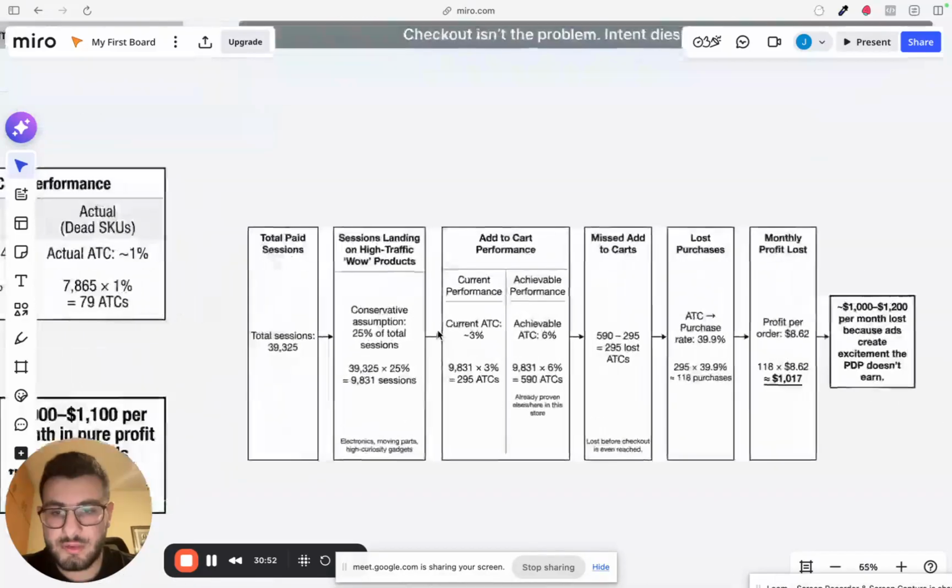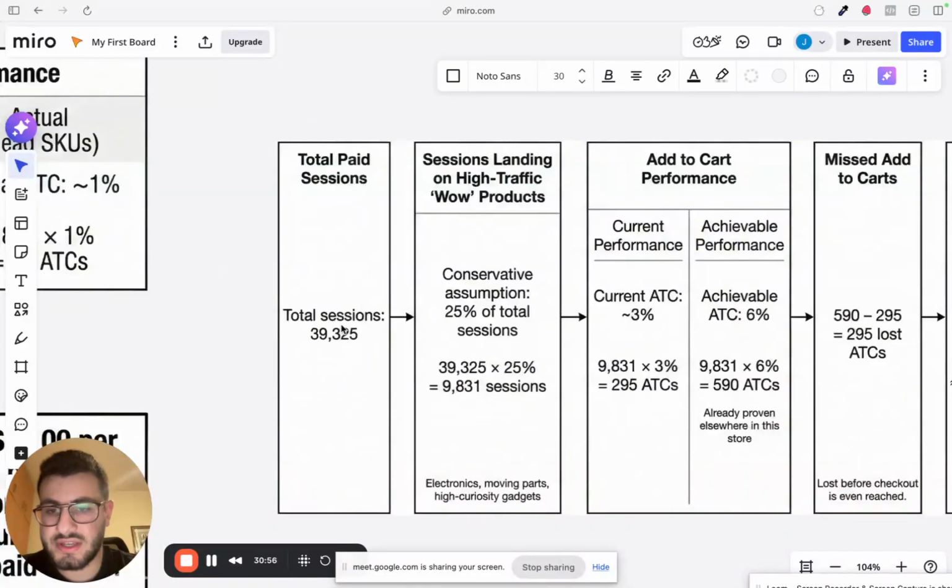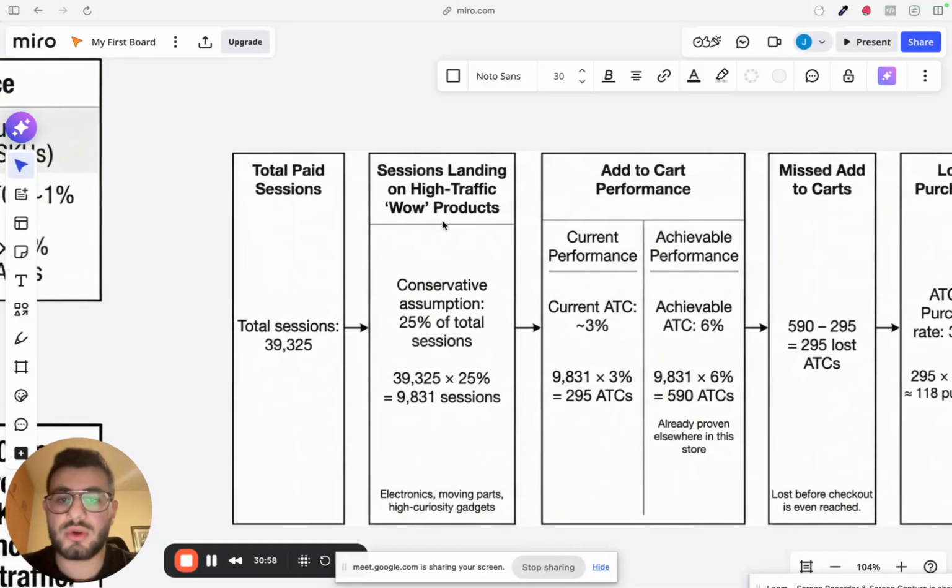Now, for leak two, we have the total paid sessions, again 39K. Now, sessions that are landing on high traffic wow products. These are the sessions landing on your bucket B products, but not all of them. On some part of your bucket B products that have this wow effect, but they drop down later.